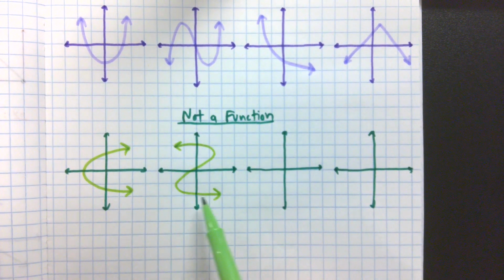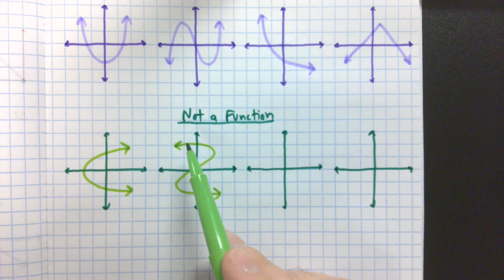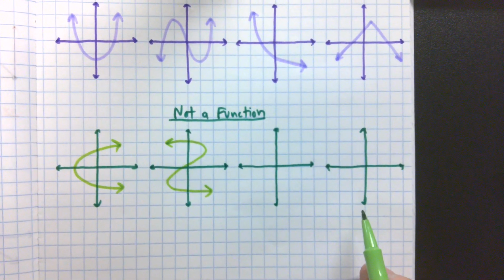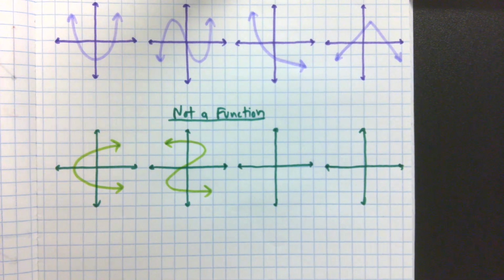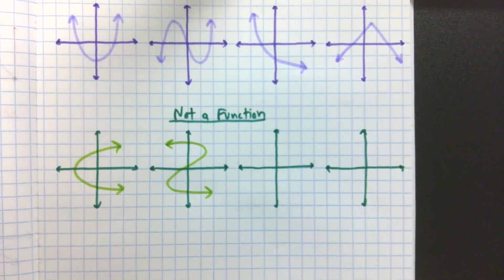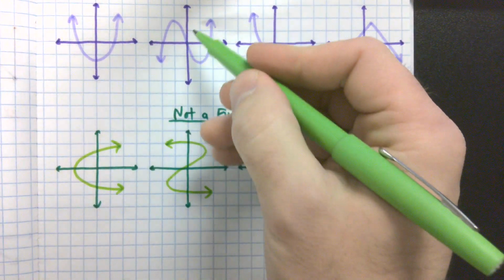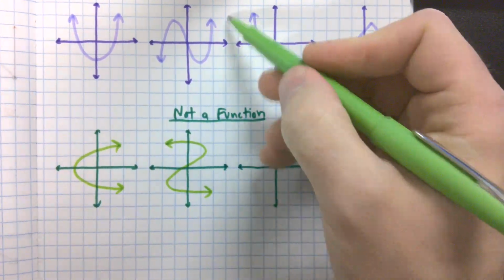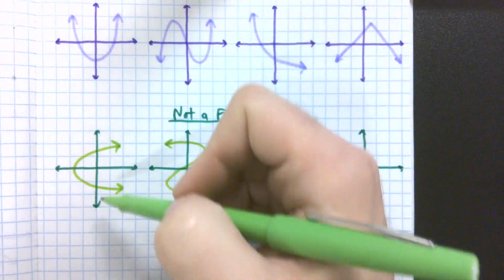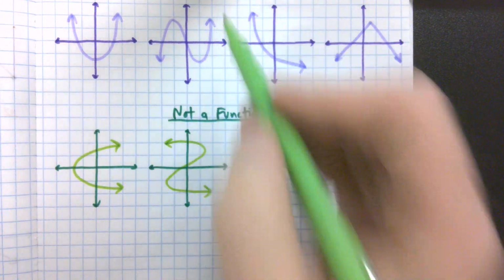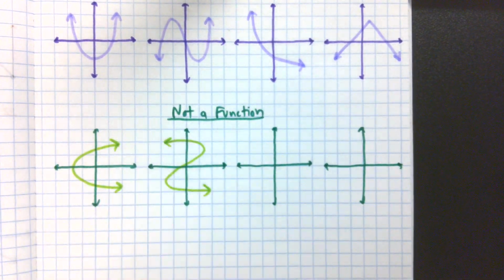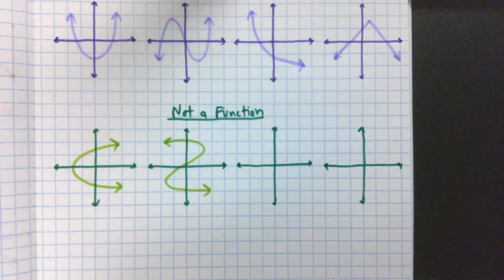This little squiggly backwards 2 is not a function. Are you starting to see what we're doing here? To the untrained eye, these look pretty much like the exact same thing, except one is a function, one is not. Your entire IXL today is going to be determining which ones are and which ones aren't. We'll find out how to do that in a second.